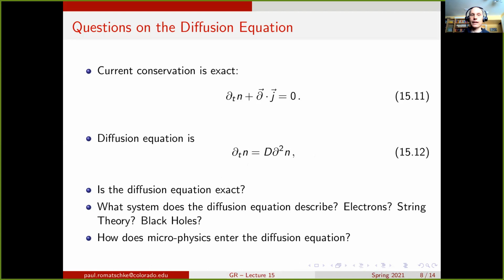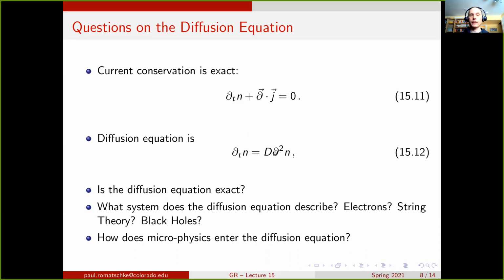And obviously that answer will be different when we consider electrons or black holes. The way that the diffusion equation knows about whether we're describing electrons or black holes is the only variable in here that is not specified a priori, and that is this diffusion constant D. So that is the only information about what system we describe.